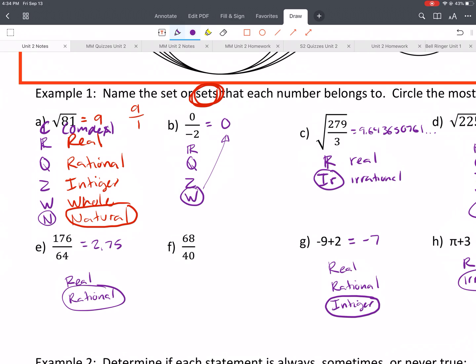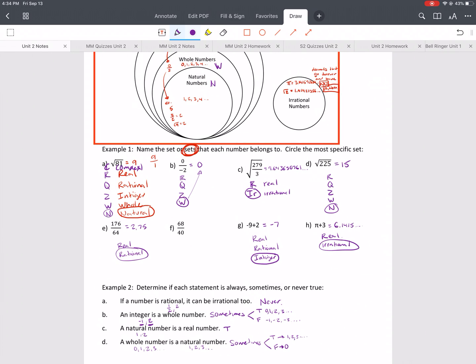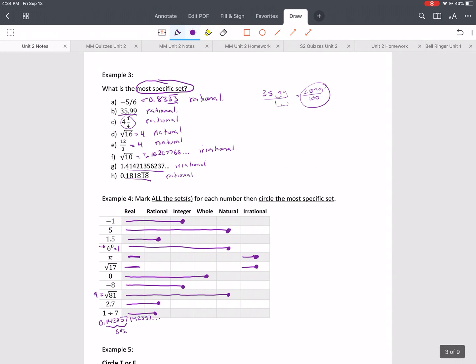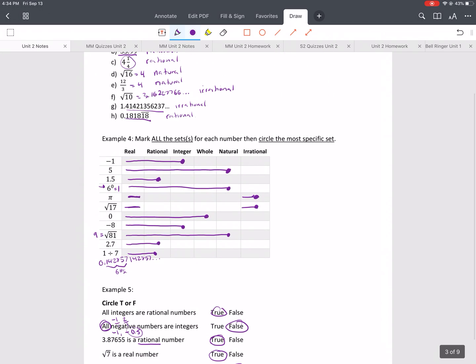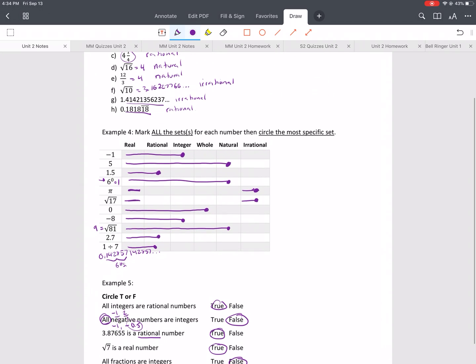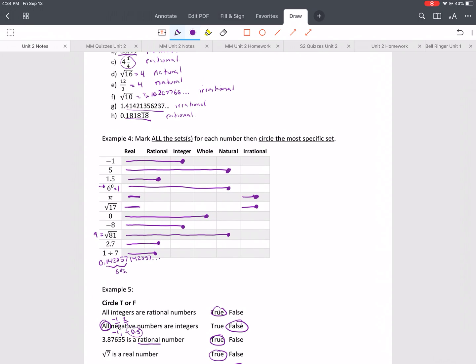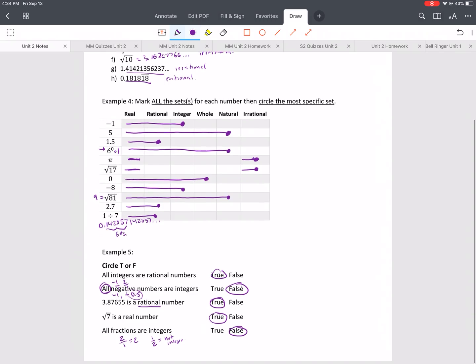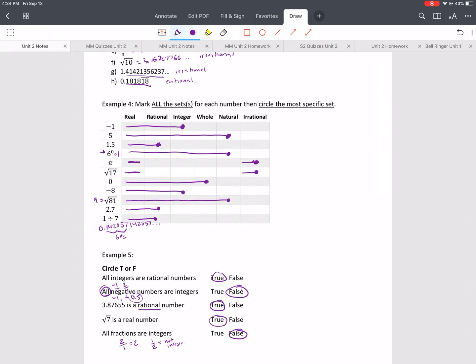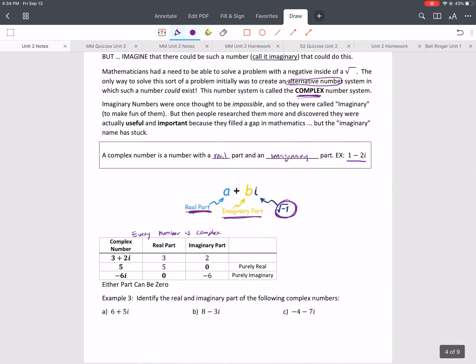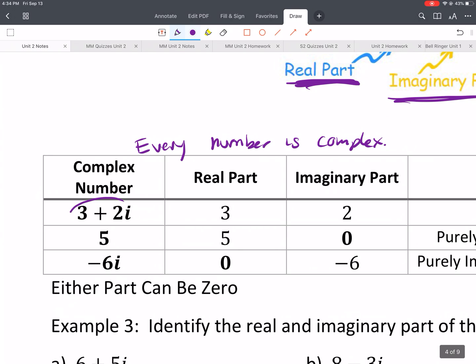On your homework or quizzes, you would want to write complex first, then complex, real, or complex, imaginary. And if it is a number that is both, like this, then you could just say it is complex. I mean, it does have a real part and an imaginary part.